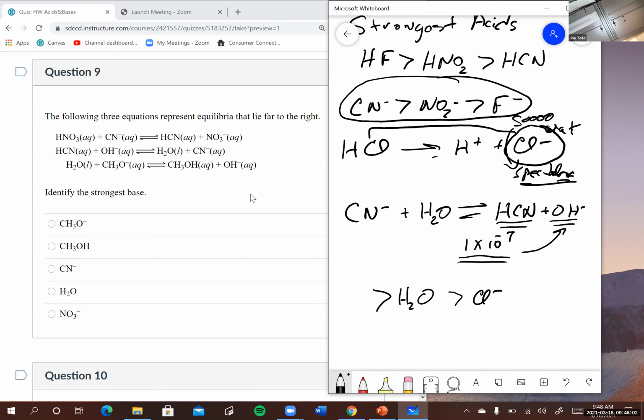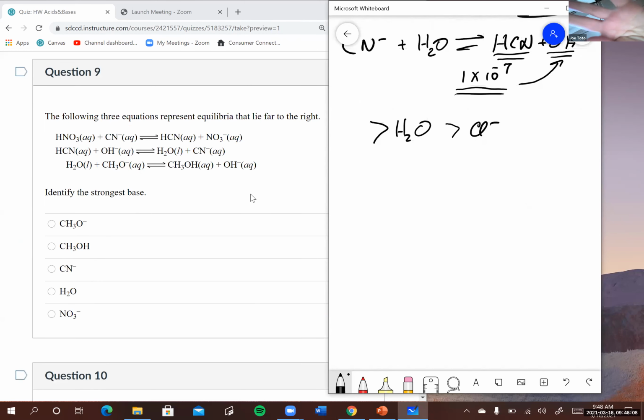All right, let's take a look at number 9. This one I've been putting off for a while to give you a chance to look at it to see what's going on. All right, for number 9, it gives you these equilibria and then it asks you to identify the strongest base. Now, it tells you one thing about these equilibria and that they lie far to the right.